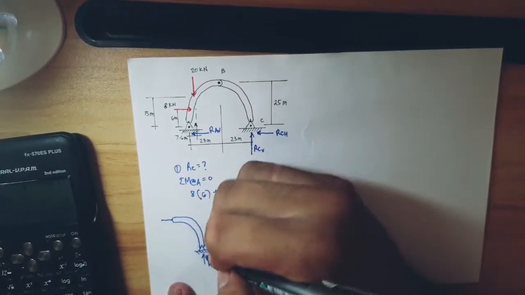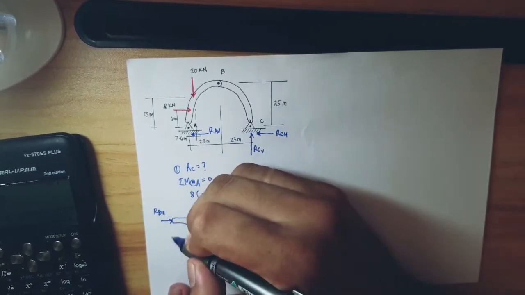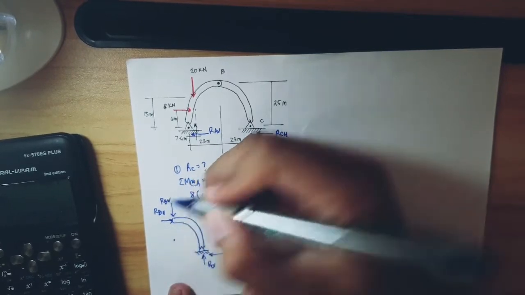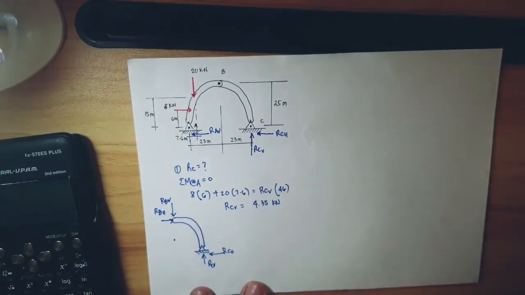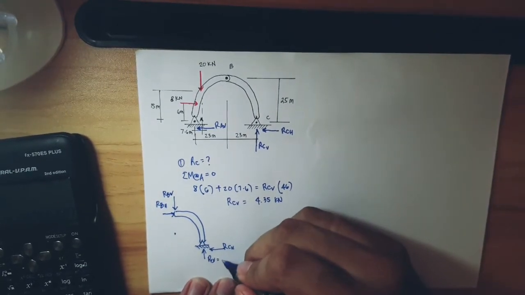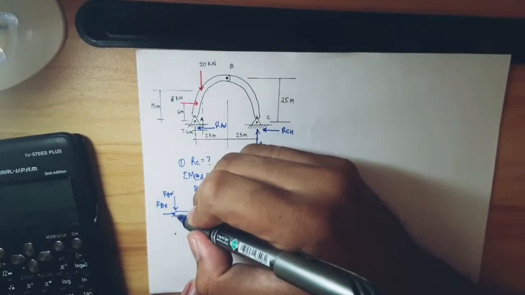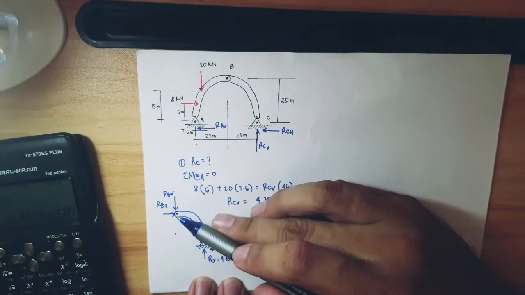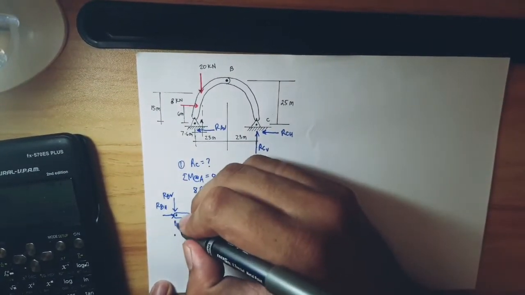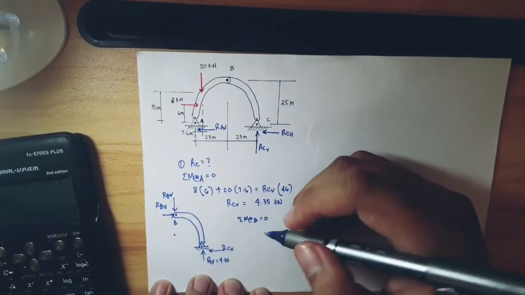You also have here opposite, no, RB horizontal and RB vertical. Okay, nangatay value ani nga 4.35. So if nag-cut ta dire, pwede ta mag-sum up og moment at B. Summation moment at B equal to 0.